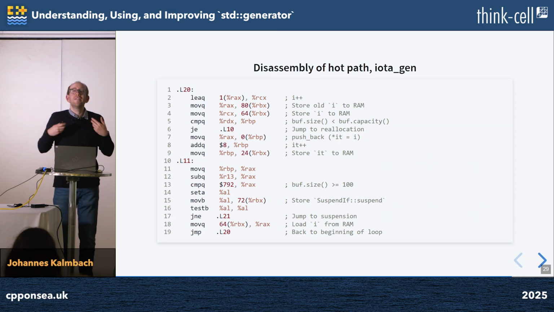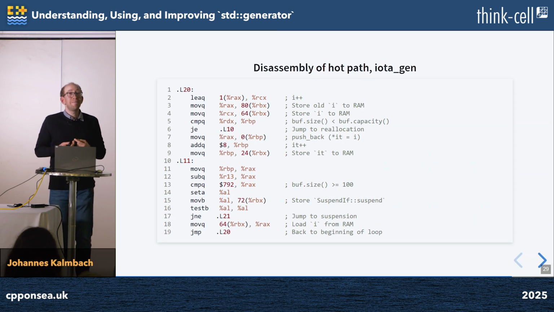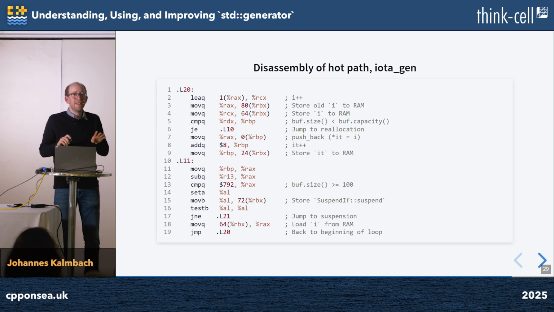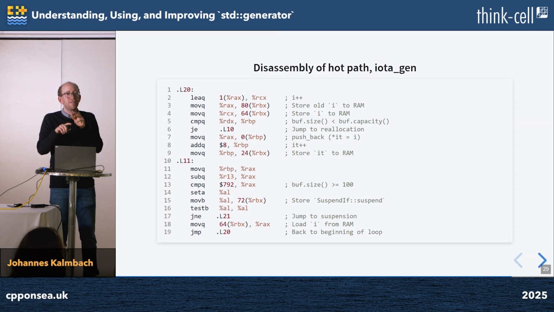That is perfectly valid, no way to get around it. But the problem is that this is also done in the case where I'm not suspending. The high-level reason is that the compiler does not understand my suspend_if: if I don't want to suspend, then please don't spill my registers onto the heap.